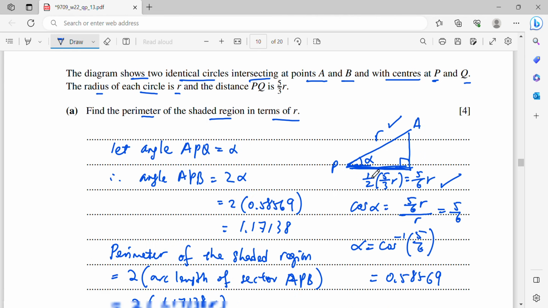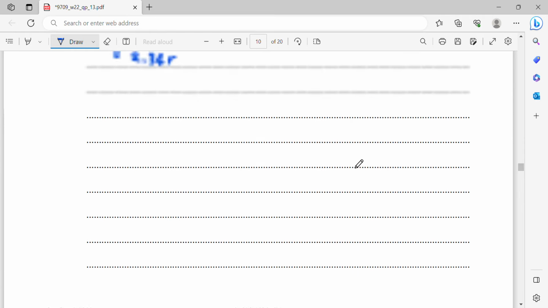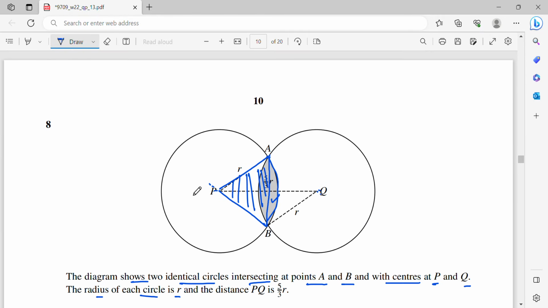So the area of the shaded region is double the area of sector APB minus the area of the triangle APB.